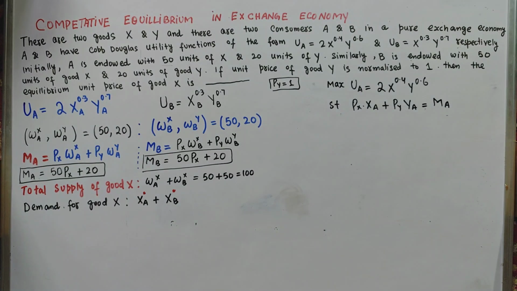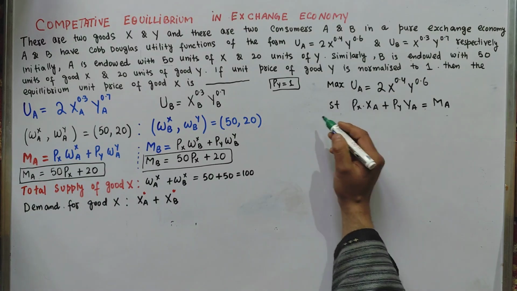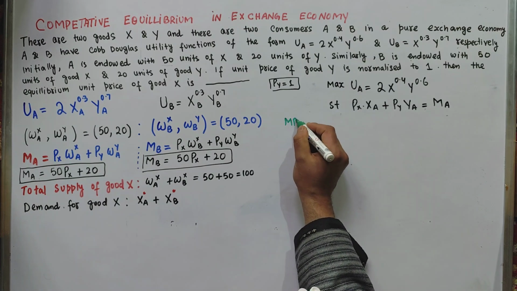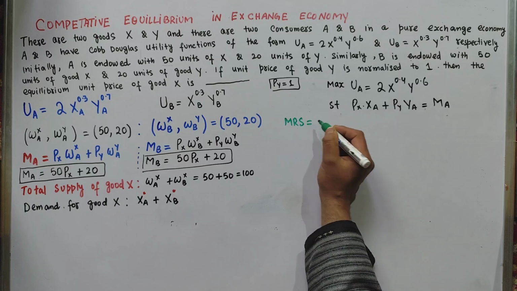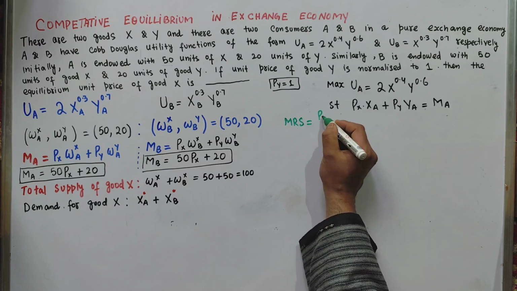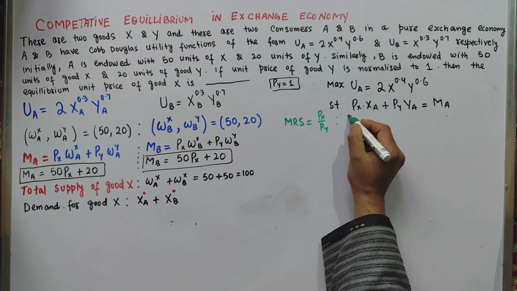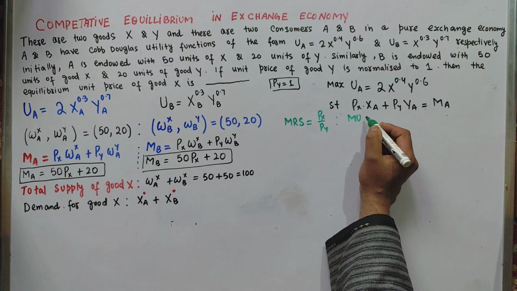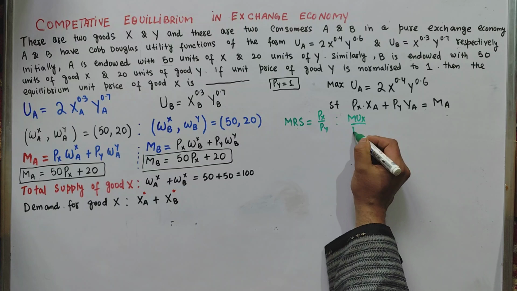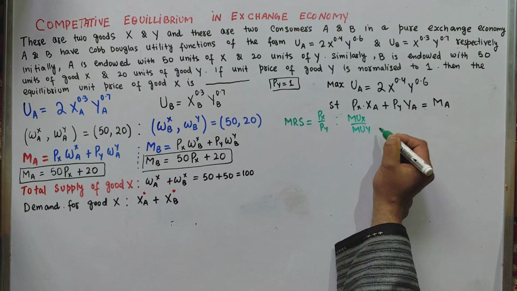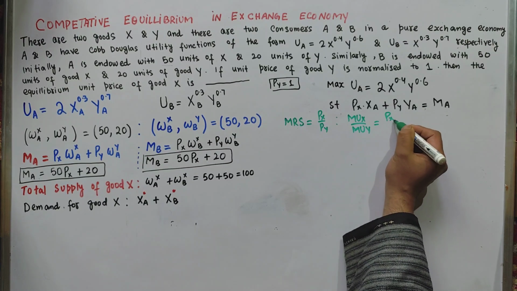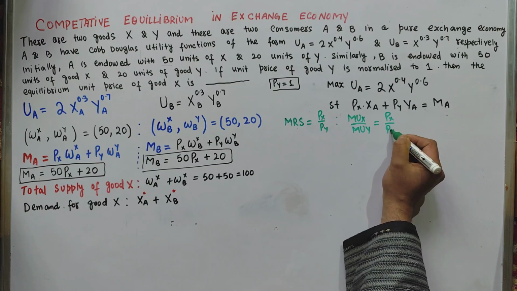Okay, now we know the first order condition for optimality requires that we equate the marginal rate of substitution of good x and y, and it should be equal to price of x upon price of y. MRS means the marginal utility of good x upon marginal utility of good y should be equal to price of x upon price of y.